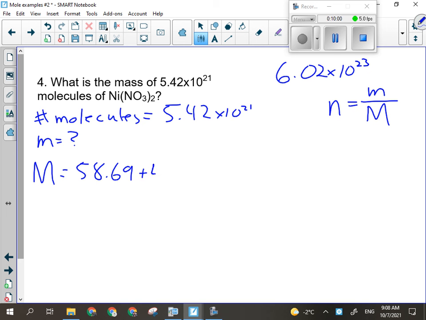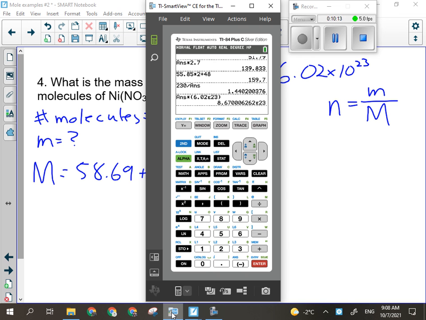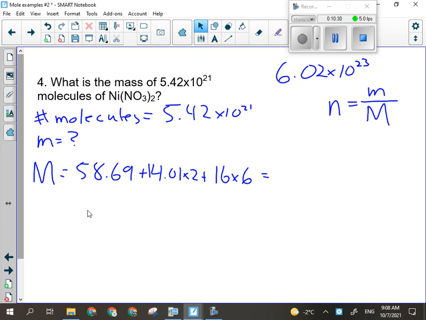So plus 14.01 times 2. And how many oxygen? 6. Whoops, 58.69, not 58.68, plus 28.02, that's my 2 nitrogens, plus 16 times 6. That gives 182.71 grams per mole.